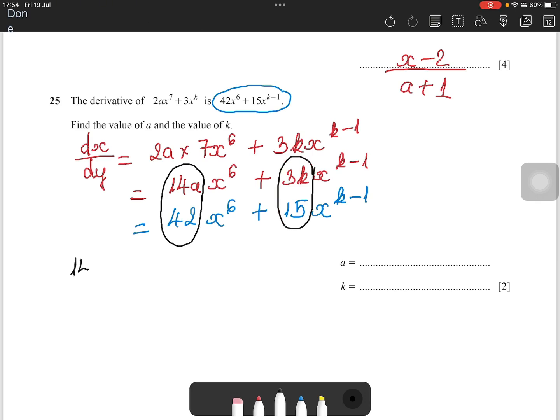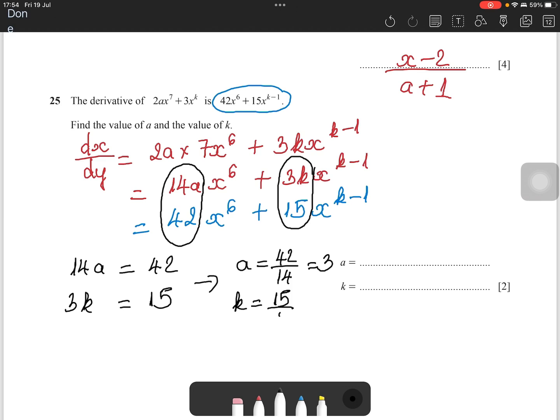So we'll write down 14a equals 42, and 3k equals 15. So a is 42 divided by 14 equals 3, and k is 15 divided by 3 equals 5. So a is 3 and k is 5.